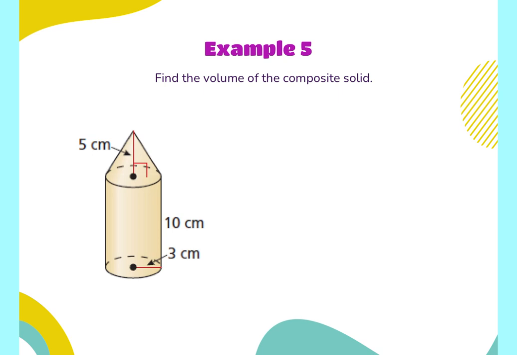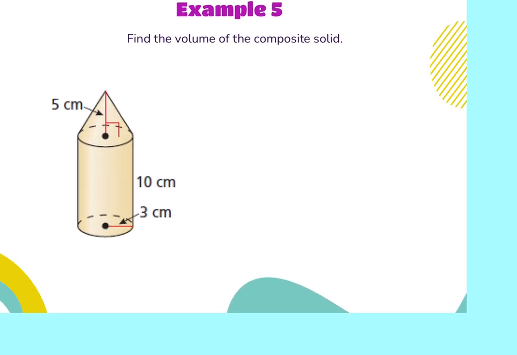And now composite figures. Okay, now involving a cone. So this one has a cone and a cylinder. So I'm going to add together the volume of the cone plus the volume of the cylinder. Volume of the cone, 1/3 pi r squared h.